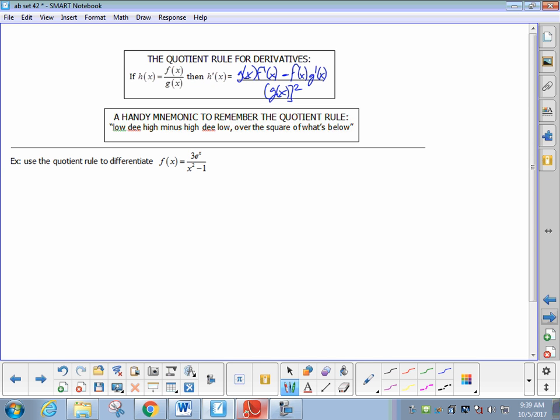There's a really handy mnemonic. My goal, one of my objectives, is that you will say this at least 10 times over the course of this period, so it gets in your brain. It goes a little something like this.